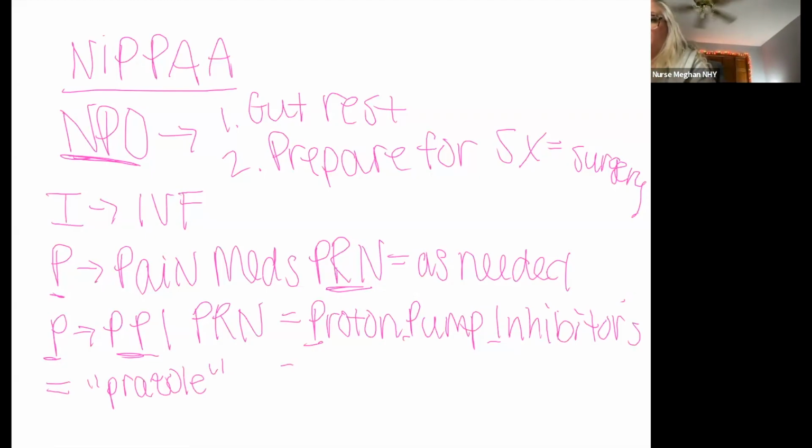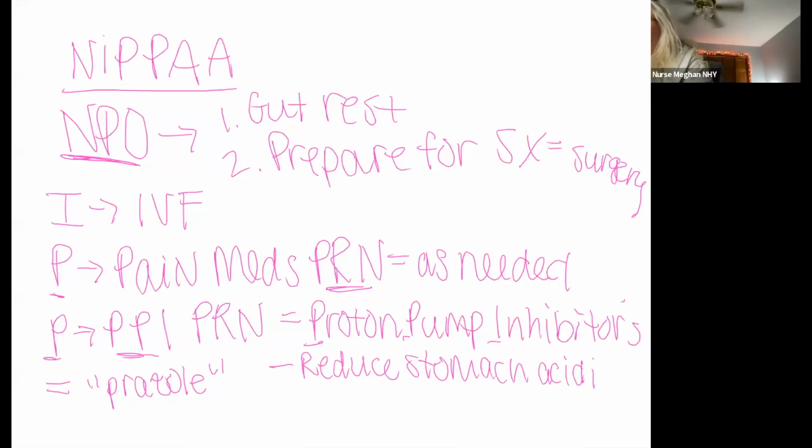So, PPIs as needed reduce stomach acidity. They are proton pump inhibitors and they end in prazole. Some examples could be pantoprazole, omeprazole, things like that. So they're going to be the prazoles, and again, they're going to reduce that stomach acidity that's going on with our patient.